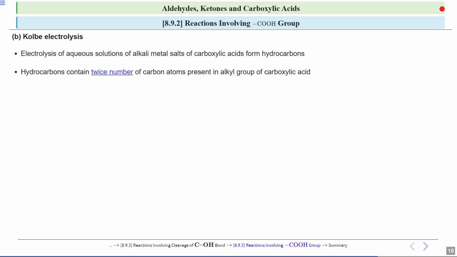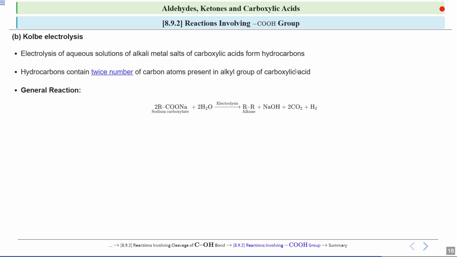This doubling effect is quite crucial because it allows us to predict the structure of the resulting hydrocarbon. The hydrocarbon always contains twice the number of carbon atoms present in the alkyl group of the carboxylic acid.